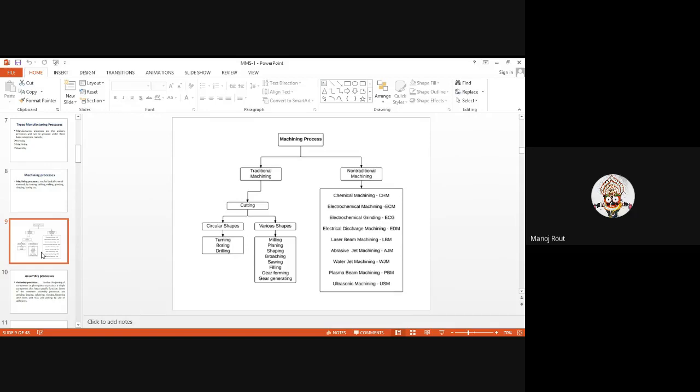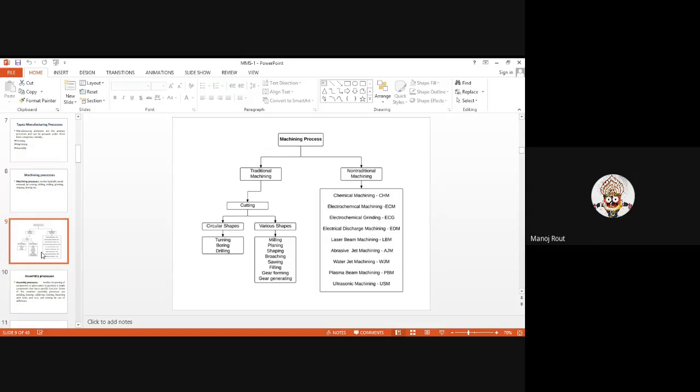The next is laser beam machining, abrasive jet machining, and water jet machining. The next is plasma beam machining, and the last one is ultrasonic machining. These are the various machining processes used for machining complex and complicated shapes and sizes of the desired or parent materials.